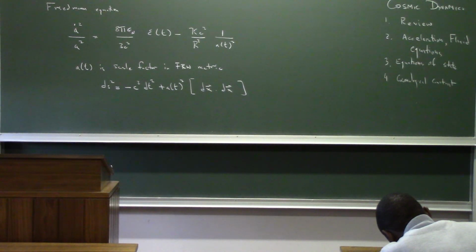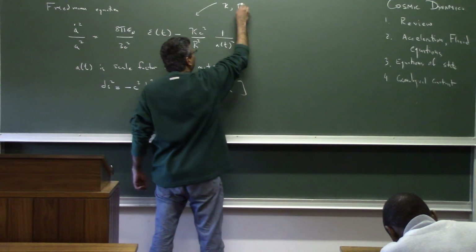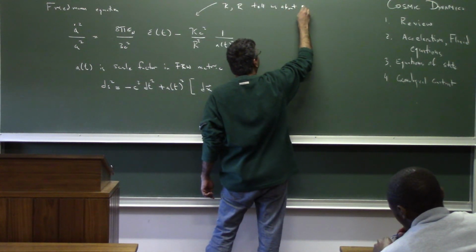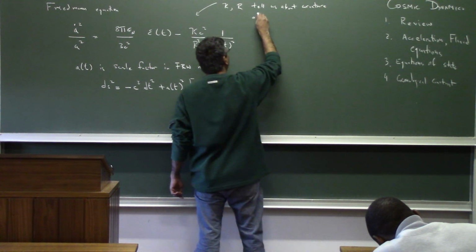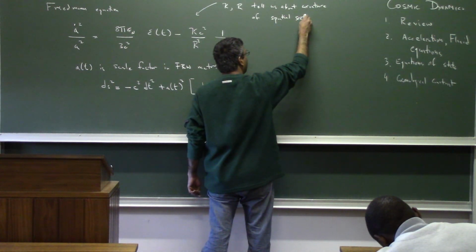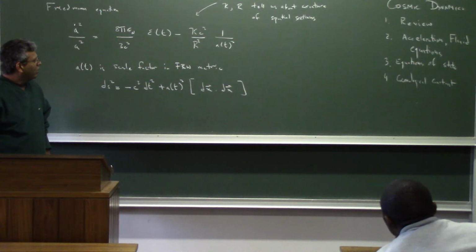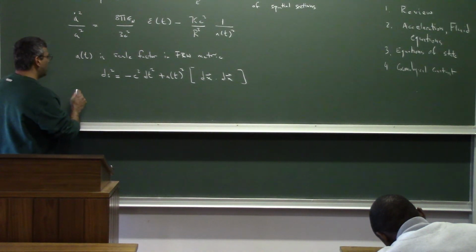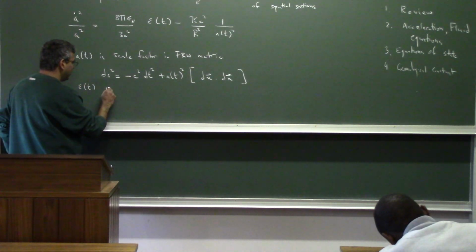And kappa and R tell us about the curvature of the spatial sections. Namely, the part of the metric in brackets. So the other function which appears in the Friedmann equation is the energy density.